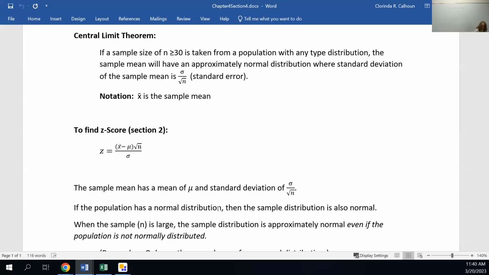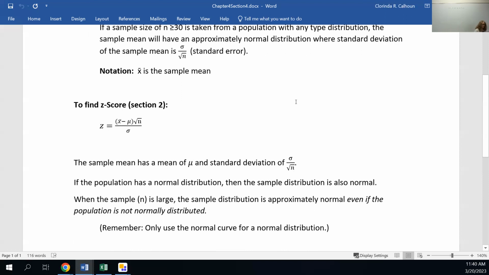If the population has a normal distribution, then the sample distribution is also normal. So like I said, I could pull out 15 students and I'm not greater than 30, but if I said the whole population is normal, then that means that my sample is normal.